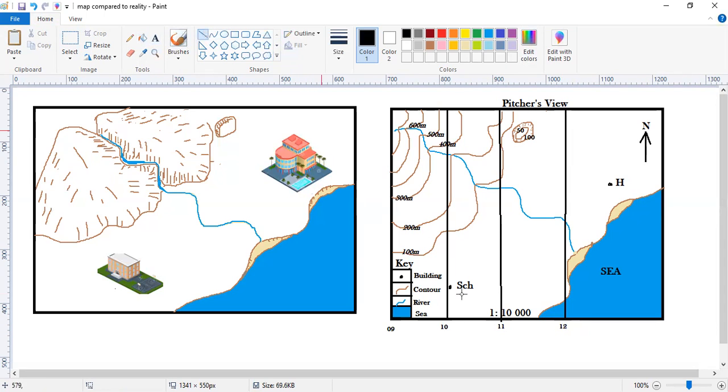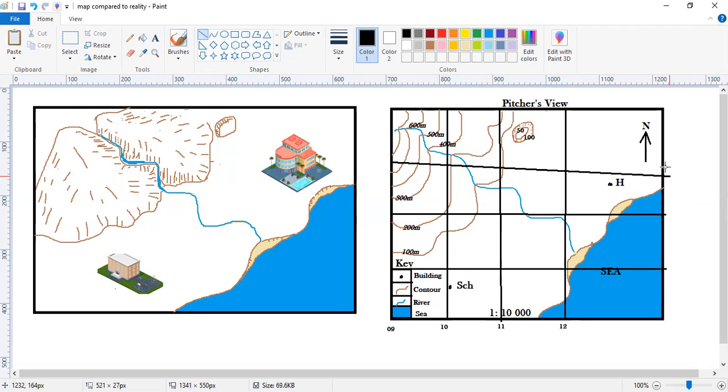And then we would have some other lines running horizontally across the map, and their values will be increasing towards the north. As a result of that, we will call these lines northing.